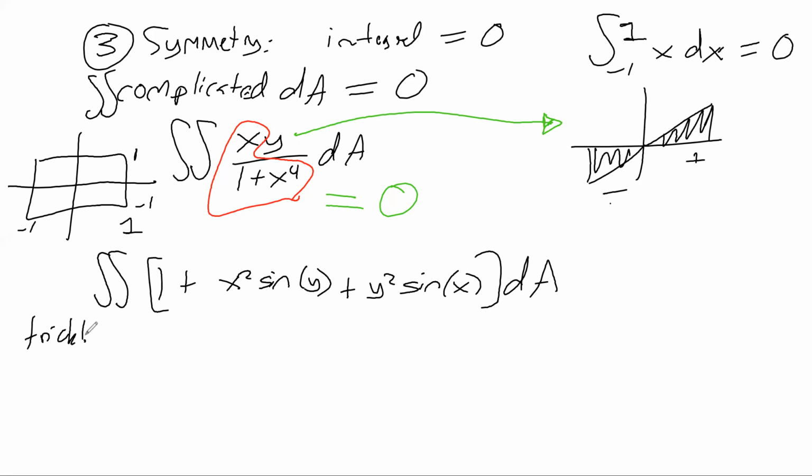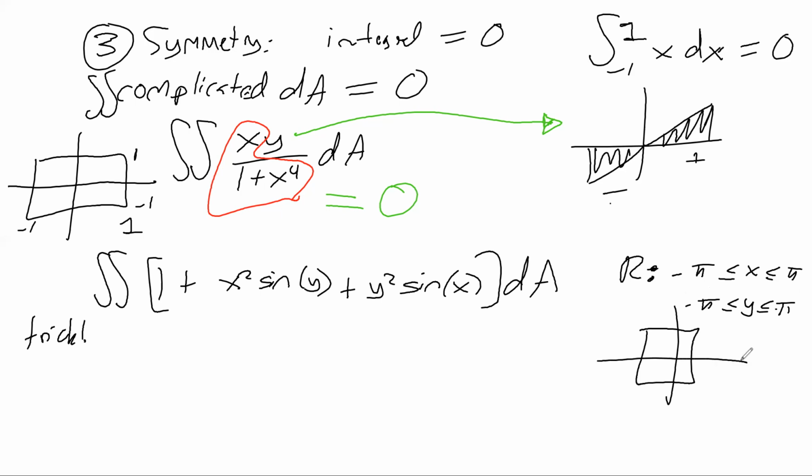And the region is also important. So the region is given by minus pi to plus pi, and minus pi to plus pi, and it's the square here, right?